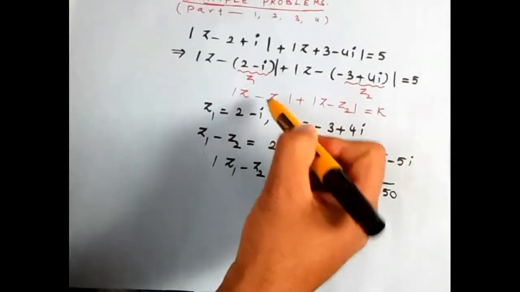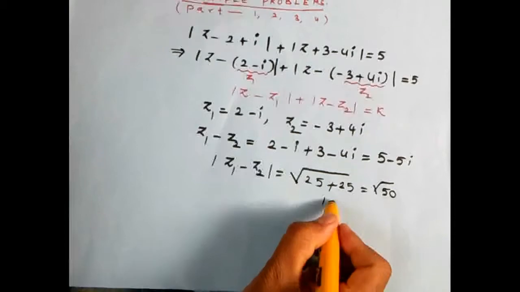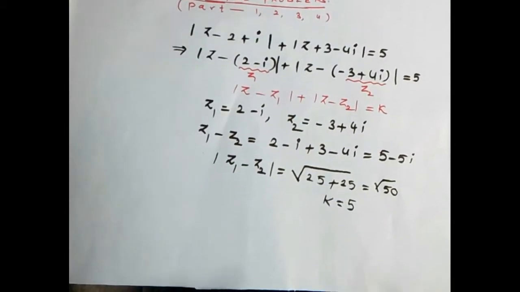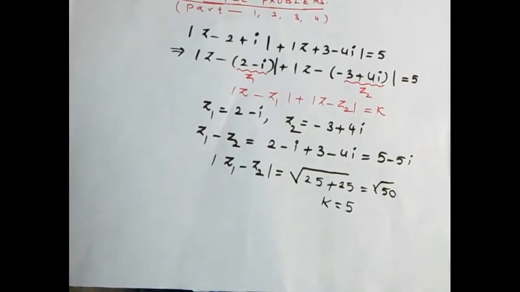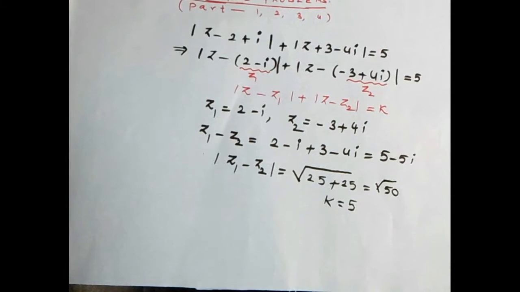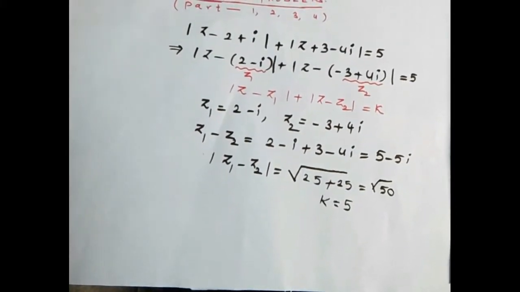What is k? We supposed k equals 5. So now compare k and modulus of z1 minus z2, because the locus of z totally depends on the values of k and modulus of z1 minus z2.